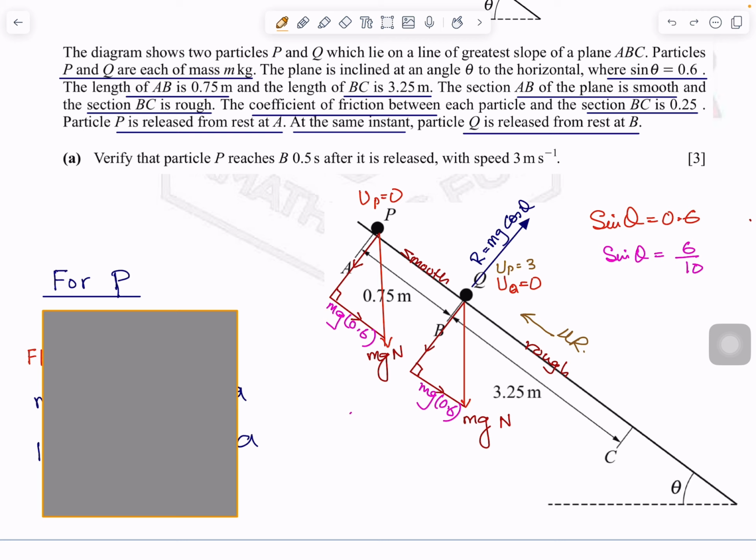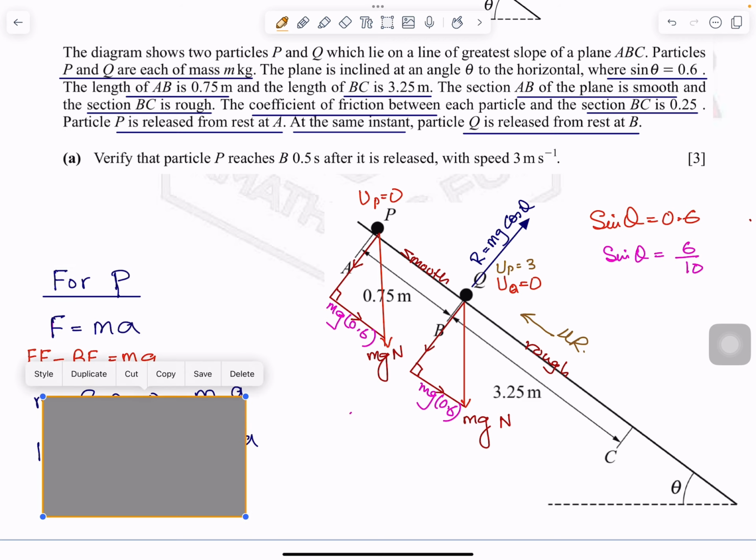Okay, so now with respect to P, according to Newton's second law of motion, forward force minus backward force is equal to ma, right? Because we talk about resultant force. So what is the forward force? That is, because of its mass, mg sin alpha, and sin alpha is 0.16, given to you in the question.